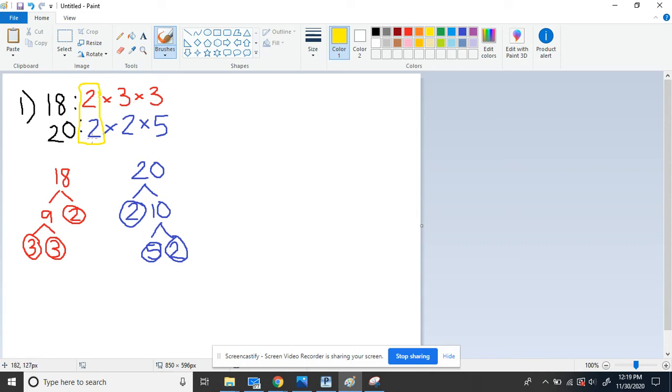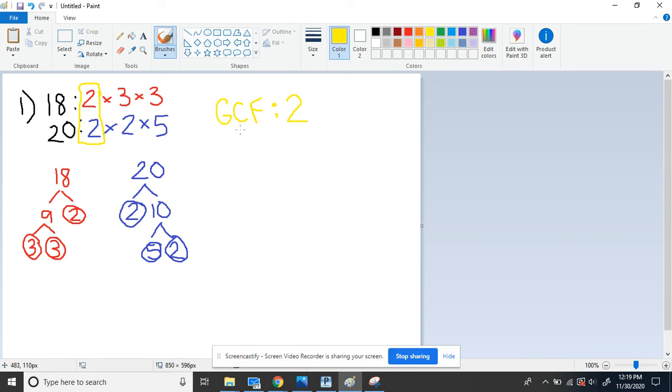So the only common prime factor is 2. Now I take all of my common prime factors and I multiply them together. All I have for this one is 2. So my greatest common factor, GCF, for this one would equal 2.